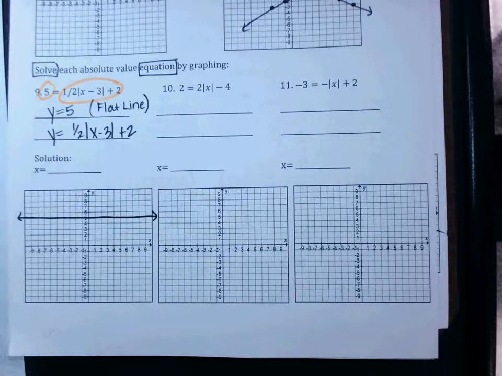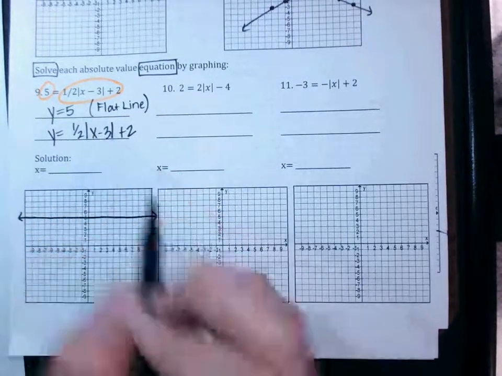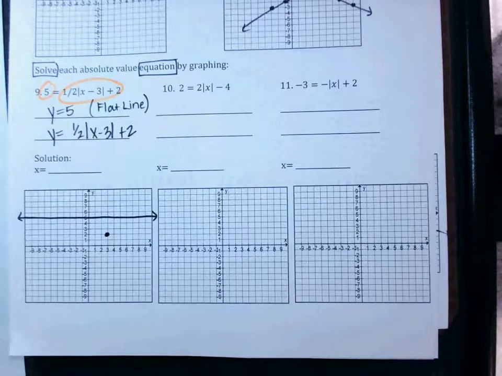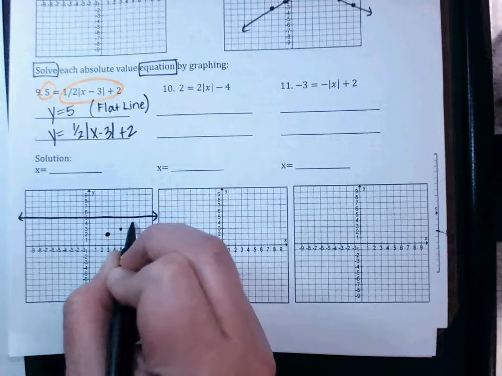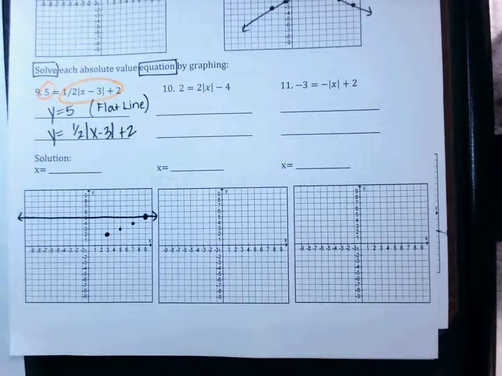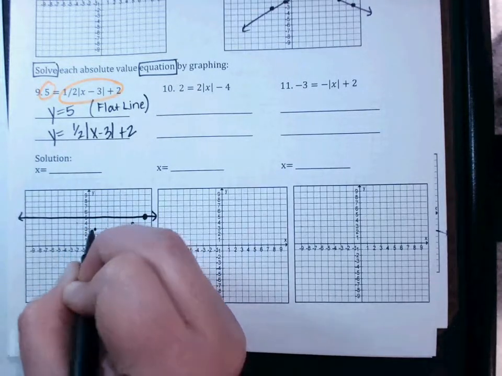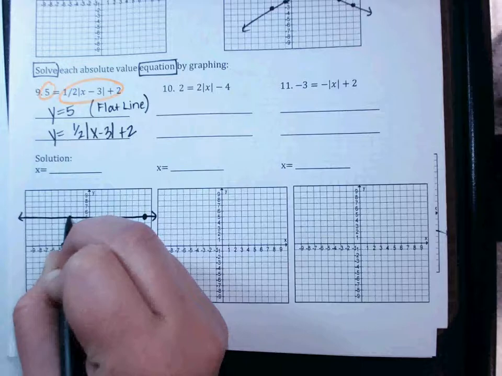Okay, my V, where would I start? If it's a minus 3, to the right 3 up 2, that would be right here. And then from there, my slope is 1/2, so 1 over 2, 1 over 2, 1 over 2. Same thing the other direction, 1 back 2, 1 back 2.